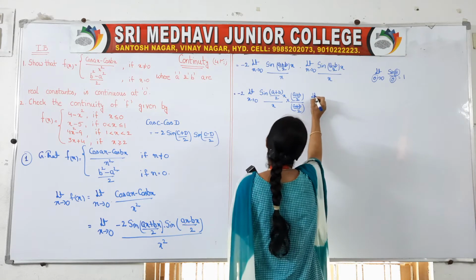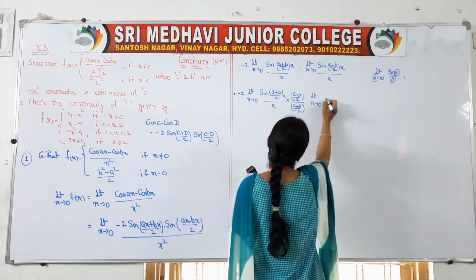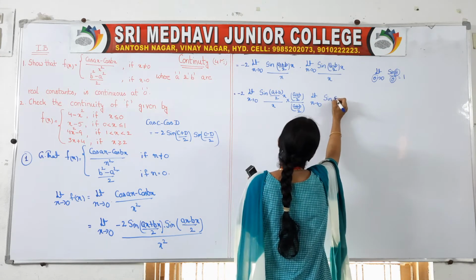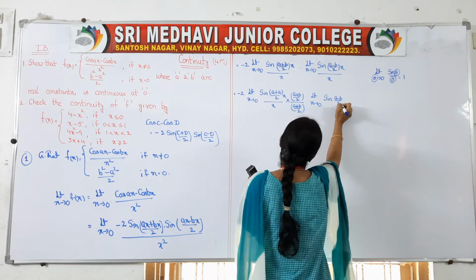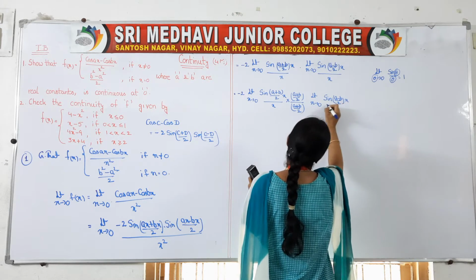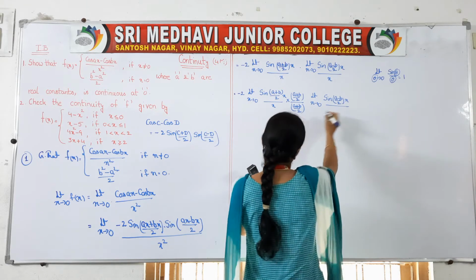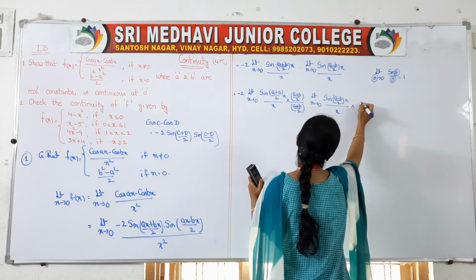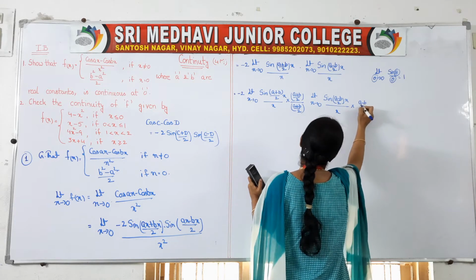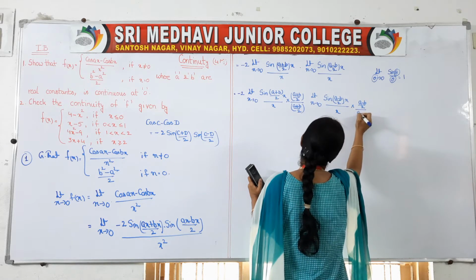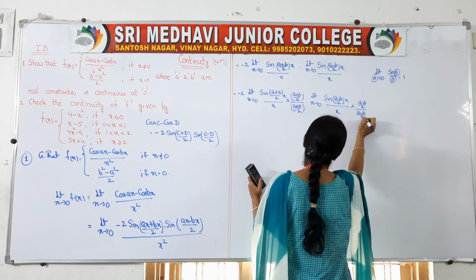Similarly, limit x tends to 0 sine of a minus b by 2x by x, we will multiply and divide with a minus b by 2, a minus b by 2.